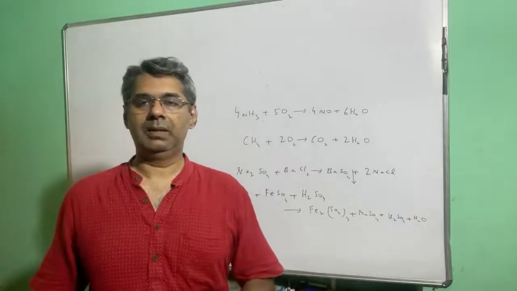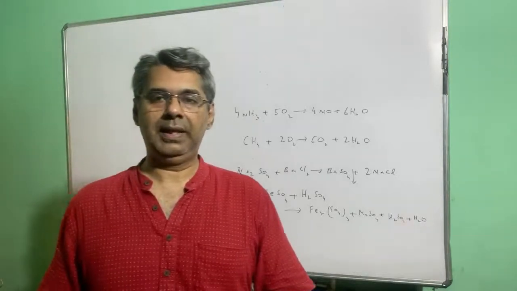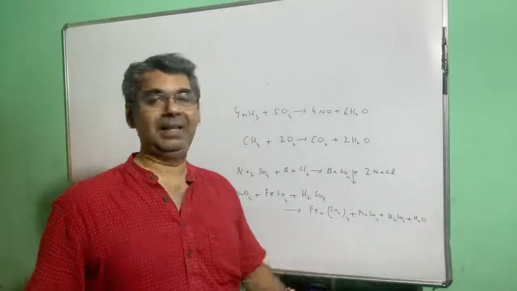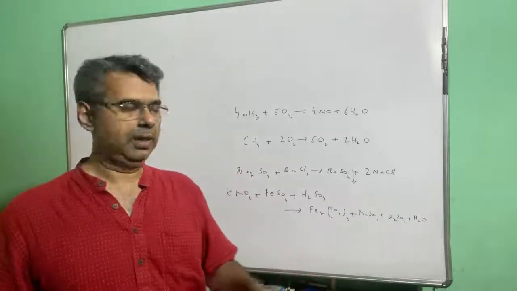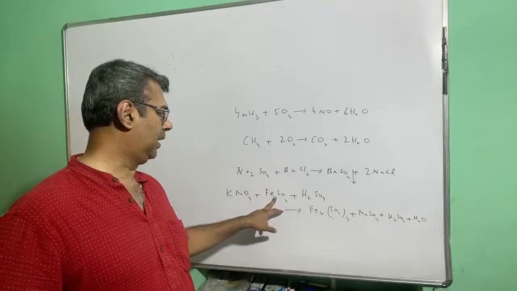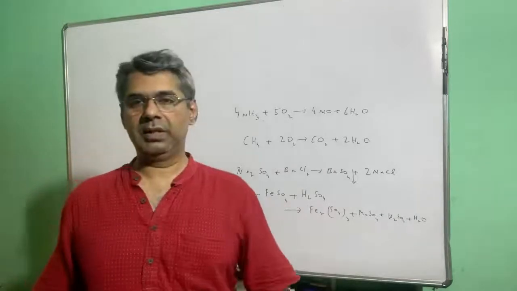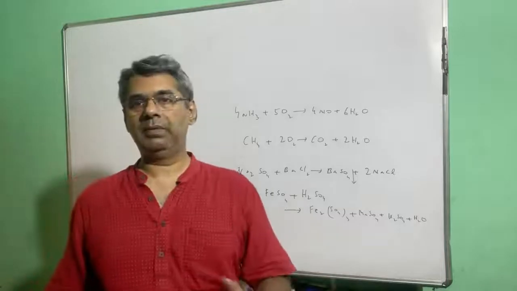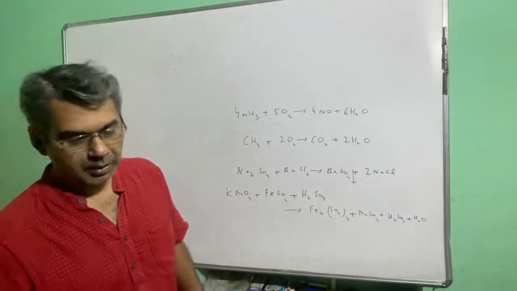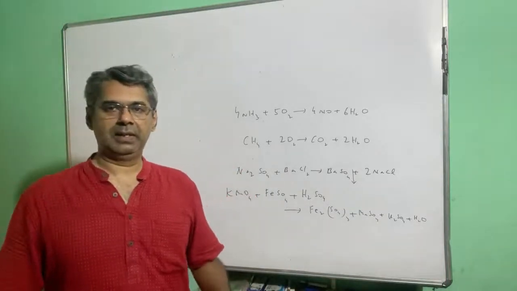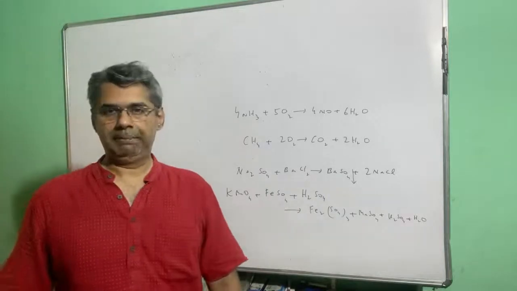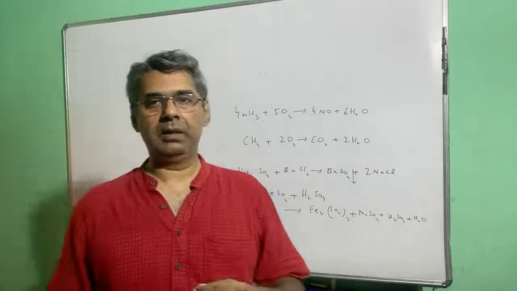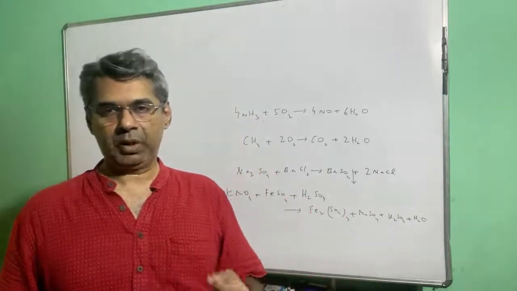Remember, this is another case of oxidation: the valency is increasing from 2 to 3. So that is another interesting technique to determine whether a substance is getting oxidized or not.